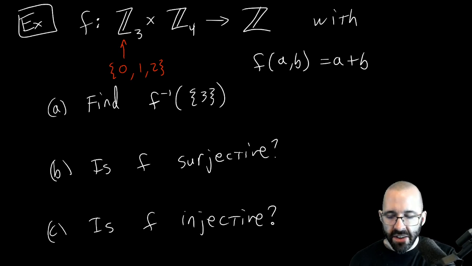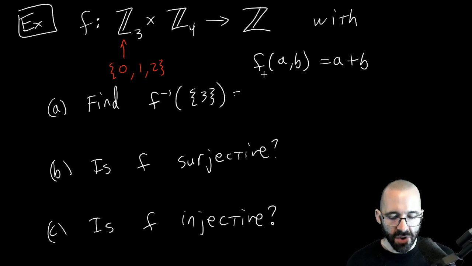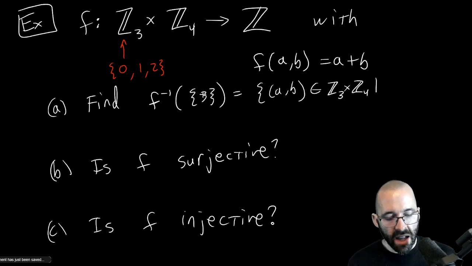So I'm going to define this first question. This helps me sometimes, so I'm going to introduce it to see if it's an option that helps you as well. This is going to be the set of all inputs, and our inputs are (a, b), right? This is going to be the set of all inputs in our domain, which is Z3 cross Z4, such that f of the input equals that.